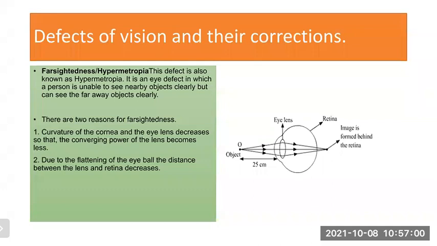Once again, what is farsightedness or hypermetropia? In this defect, a person is unable to see the nearby objects clearly, but can see the far away objects clearly. The reasons: first, the curvature of the cornea and the eye lens decreases so that the converging power of the lens becomes less. Second, due to the flattening of the eyeball, the distance between the lens and the retina decreases, and the image is formed behind the retina.